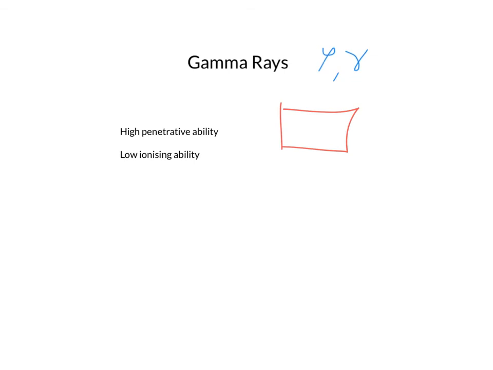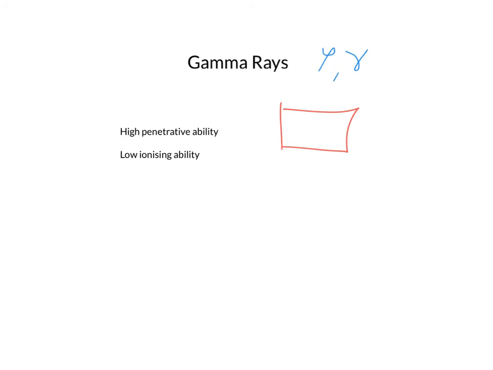Its other characteristic that we need to be aware of is its ionizing ability. For gamma rays, the ionizing ability is actually quite low compared to the other two, so lower than alpha and lower than beta particles. Traditionally, when we hear of gamma radiation, we kind of think that it's the most dangerous one, and we see it turning Bruce Banner into the Hulk and everything.